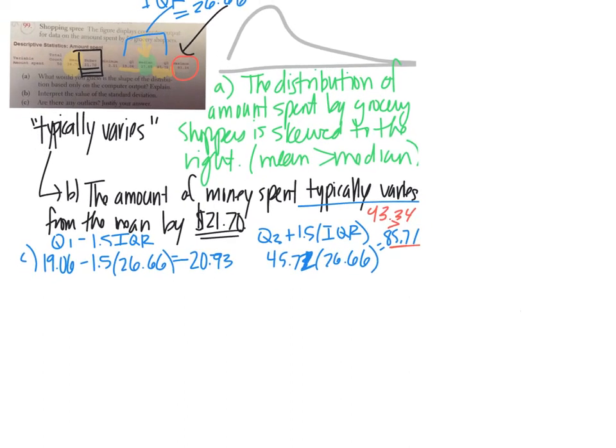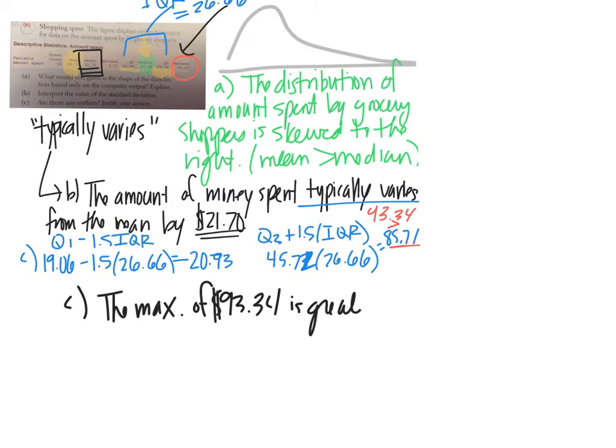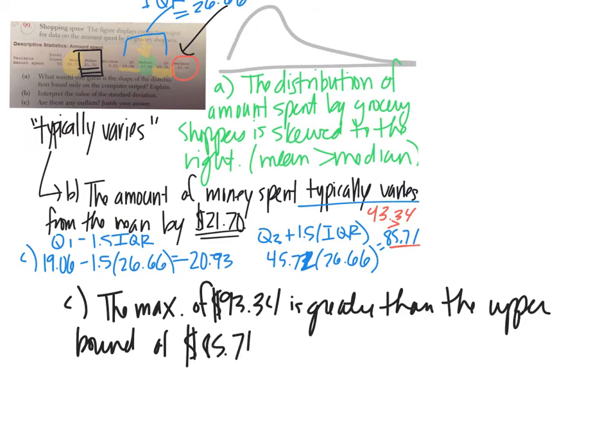So I would say for part C, and again, the work is important to show: the max of 93.34, I'll go ahead and put a dollar sign in front, is greater than the upper bound of 85.71.